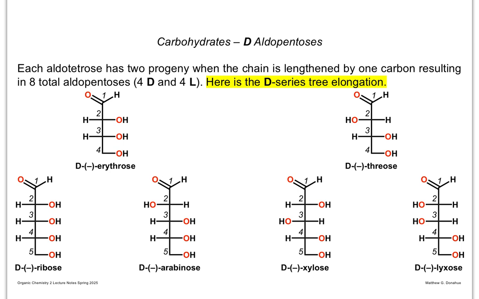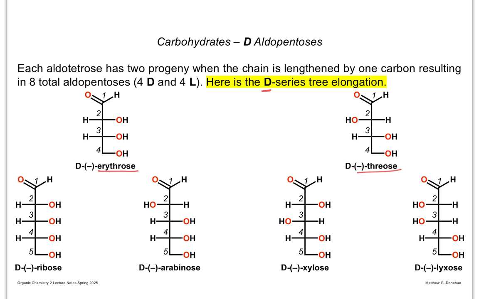So the top 2 structures, there's your erythrose and threose. Notice here that I'm only showing the D sugars. If I put the L ones on there, the structures would be too small.